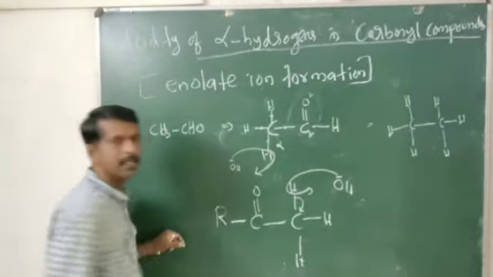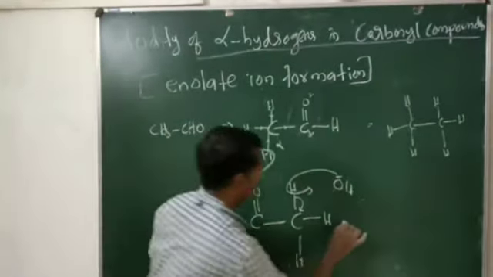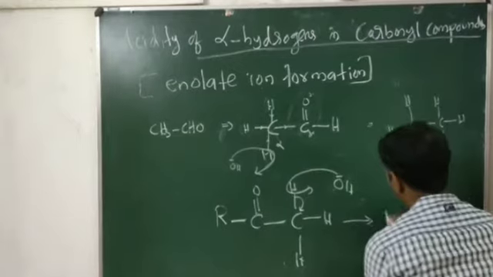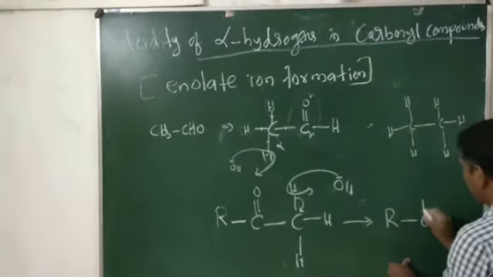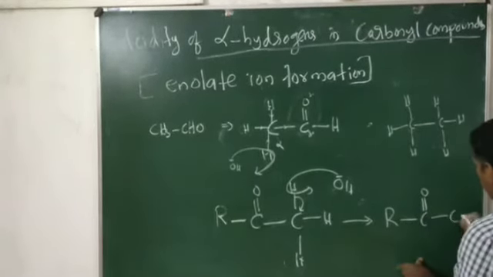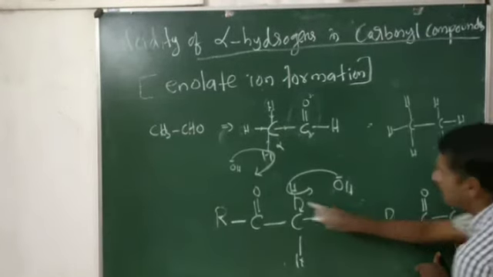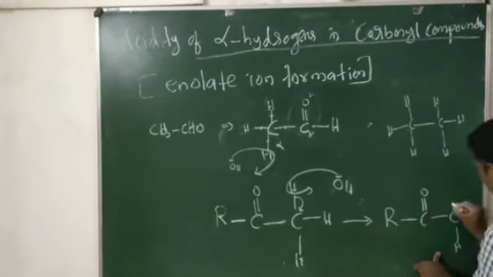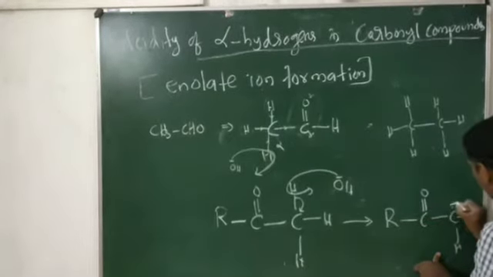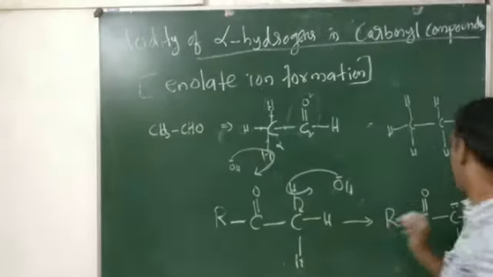And what we get, you can look at it here, is an anion like this: R, C double bond O, C, with H, H, and a pair of electrons with a negative charge. You get an anion.